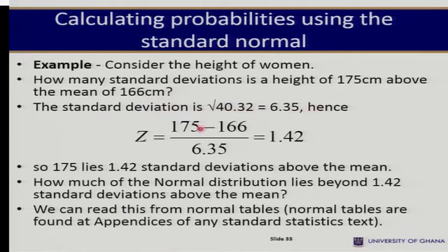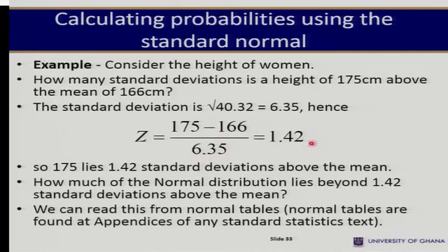So to construct the z based on the heights of women, a height of 175 centimeters will give us a corresponding z value of 1.42, and we obtain it as 175, which is the x, minus 166, which is the mu, divided by sigma, 6.35.